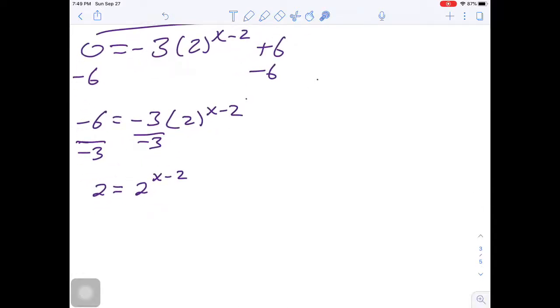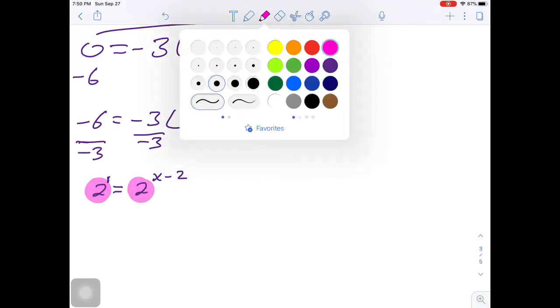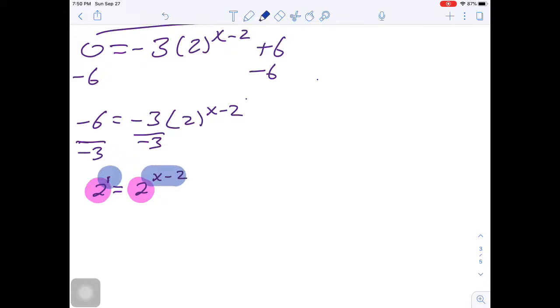Now here, this is something we'll learn, and maybe you've already learned, but now we have a common base. Remember, this is 2 to the power of 1. When you have a common base equaling each other, you're essentially figuring out when these exponents equal each other. So since they have common bases of 2, we can ask ourselves, when does 1 equal x minus 2?